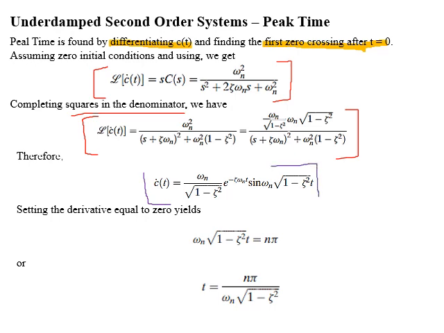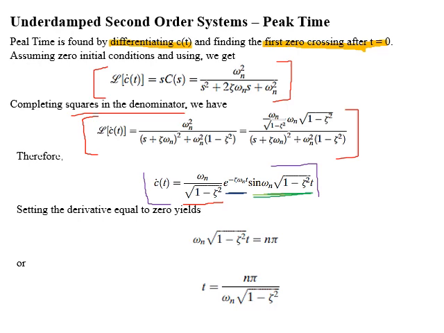If you see the relation of c dot of t, this consists of product of three terms. First is omega n divided by square root of 1 minus zeta square, multiplied by exponential power minus zeta omega n t, multiplied by sine function with angle of omega n multiplied by square root of 1 minus zeta square t.